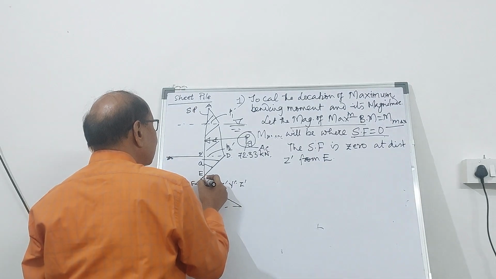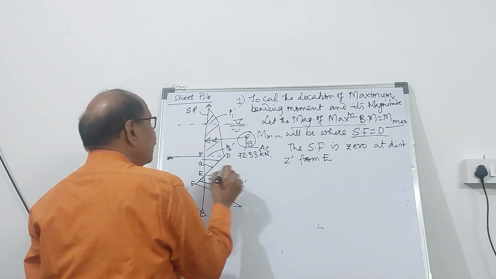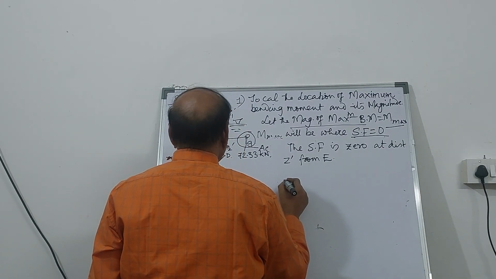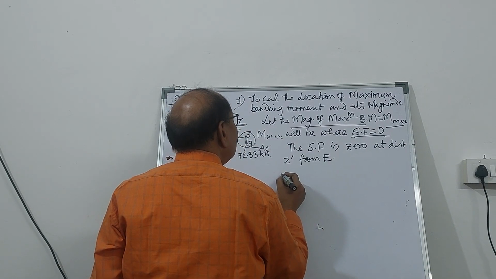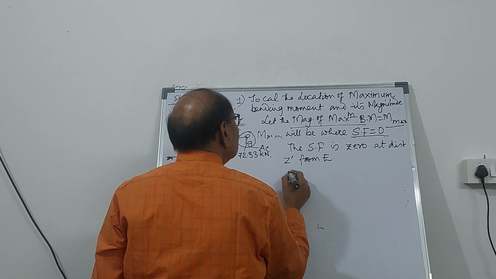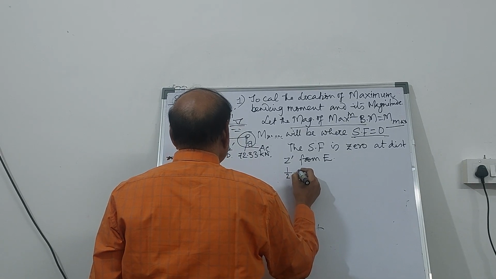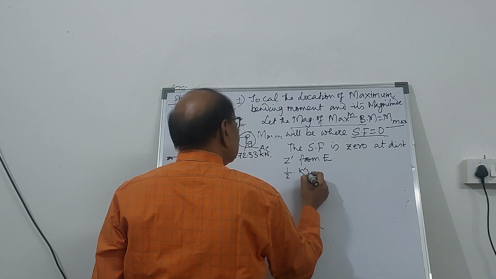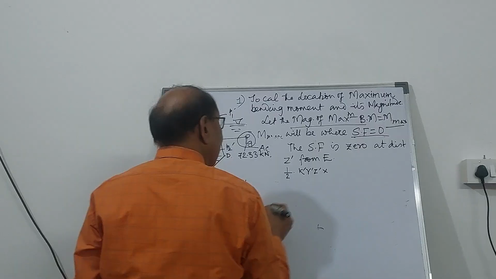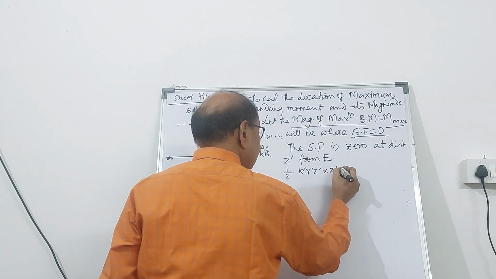So calculate the force acting on this side. So at Z prime, what is the force? The force is going to be equal to half into base, that is K prime gamma prime Z prime, multiplied by the height, that is Z prime.